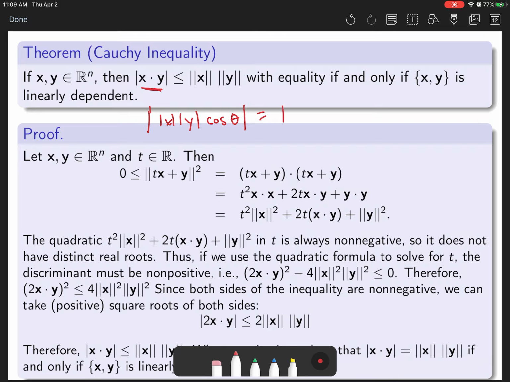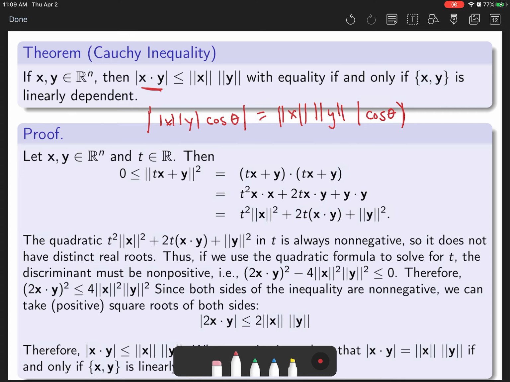And so literally what we have here is the length of x times, and I'll put double bars because they're using double bars for the magnitude here, the length of y times the absolute value of the cosine of the angle in between them.